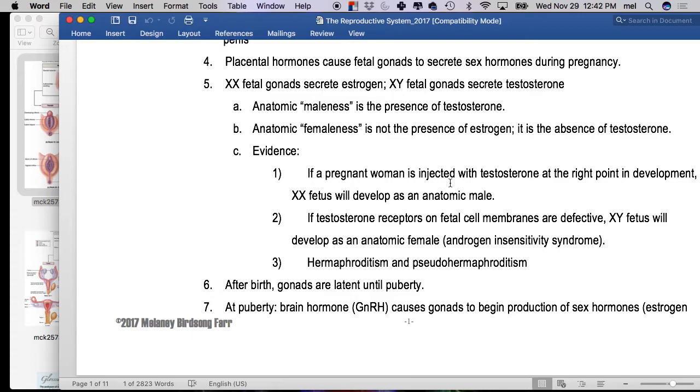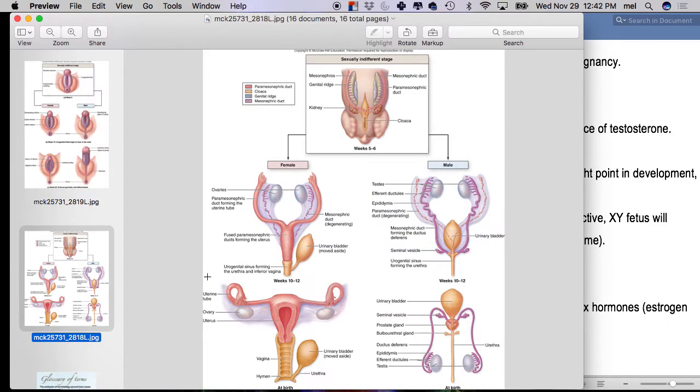So you make testosterone, you have a Y chromosome, you get everything started, and you make testosterone, but the receptors for testosterone do not function normally, so you don't respond to testosterone. Does that make sense? That is a genetic condition called androgen insensitivity syndrome.